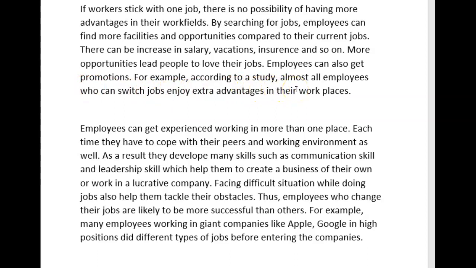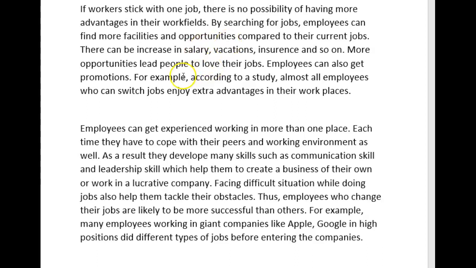So a lot of this really also feels rather redundant, because what are you essentially telling us? If they stick to one job, they won't have other advantages. The people who do find more opportunities can have these things increased. They can also get a promotion. And then you wrote, for example, everybody gets extra advantages. So some of this felt really redundant to me, a little repetitious.